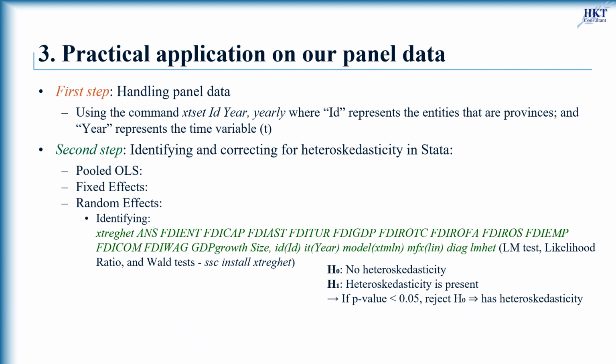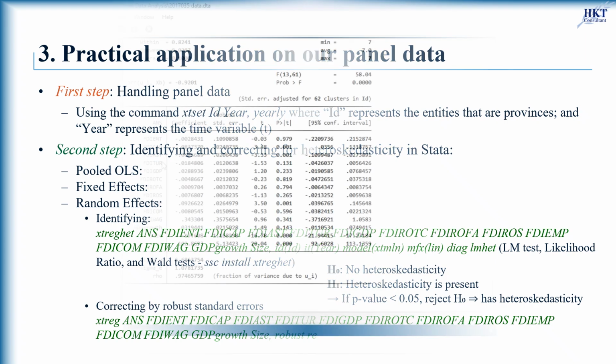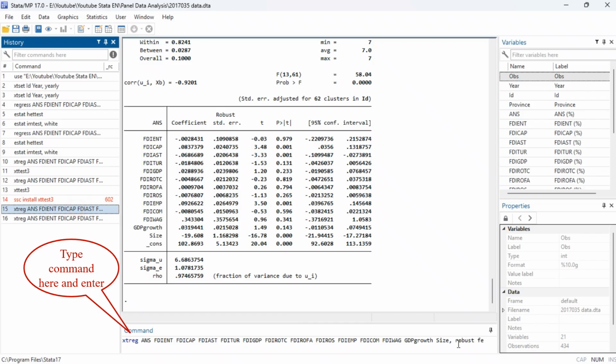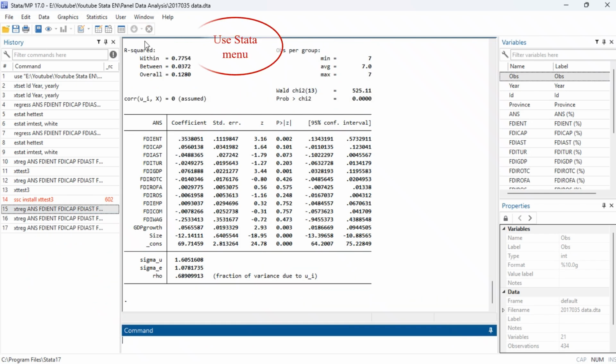In the case of heteroskedasticity, the random effects model should be re-estimated, using robust standard errors by adding the robust option, which helps correct for the heteroskedasticity, and ensures more reliable inference. You can first run the random effects model, by using the Stata command xtreg with the re option.